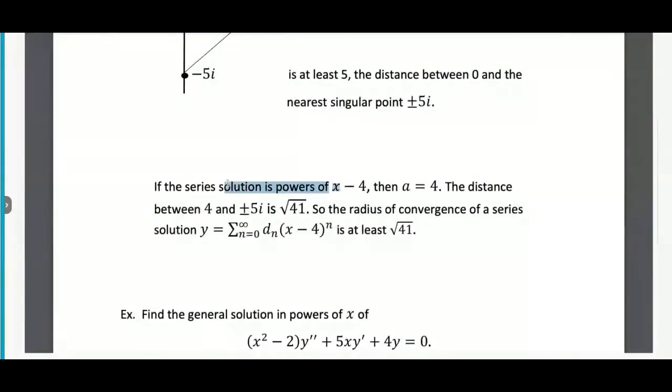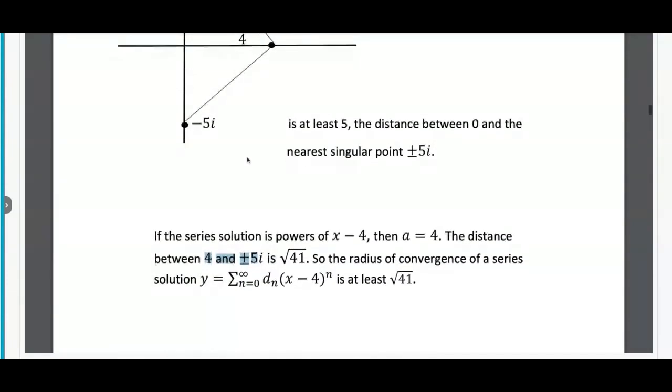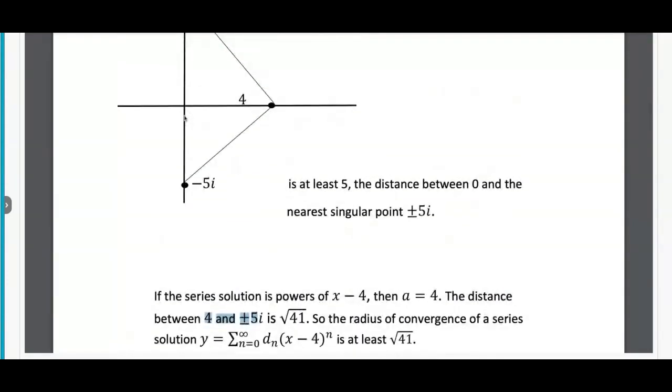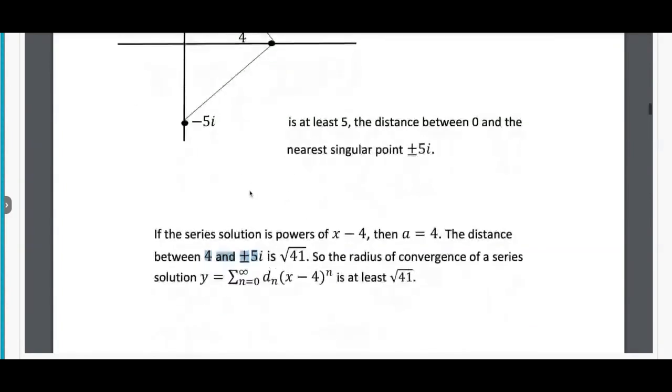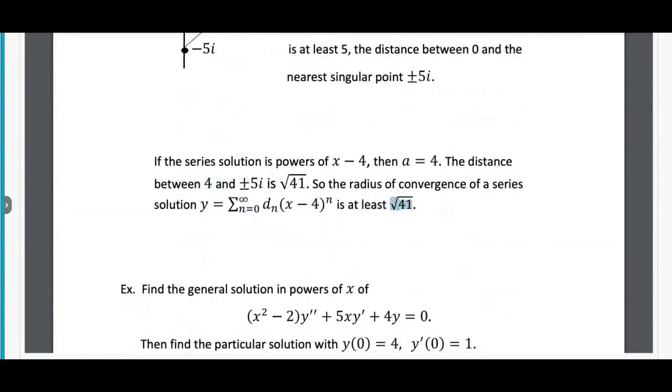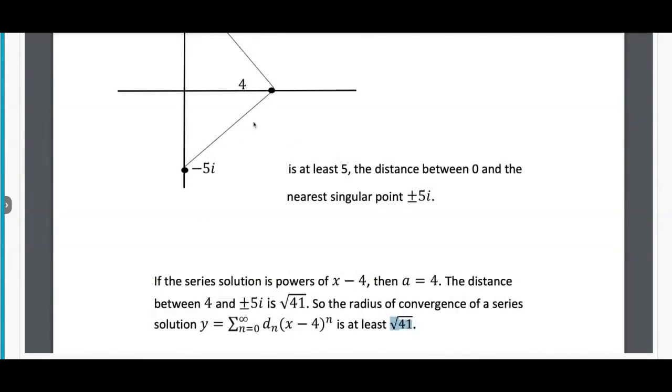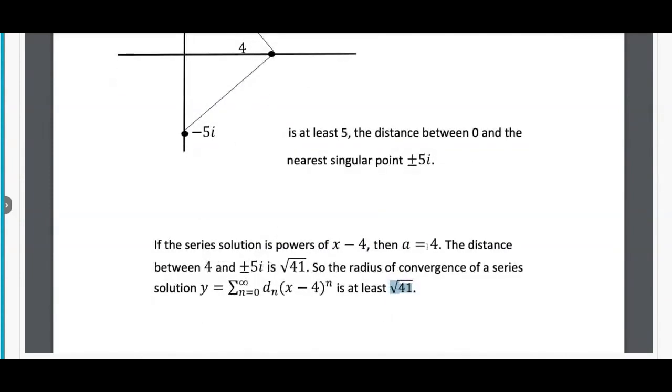If the series solution is in powers of x minus 4, then a equals 4. The distance between 4 and plus minus 5i, in this picture, is square root of 41. Because here the distance is 5, here the distance is 4, 4 squared plus 5 squared, square root, so that's square root of 41. So this hypotenuse gives us the radius of convergence when a equals 4.